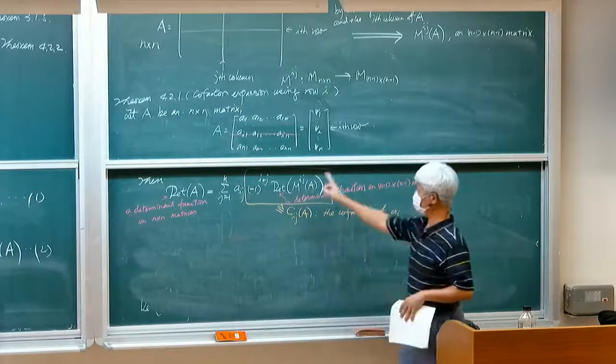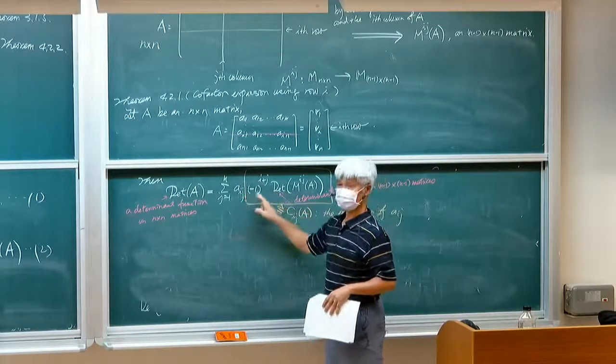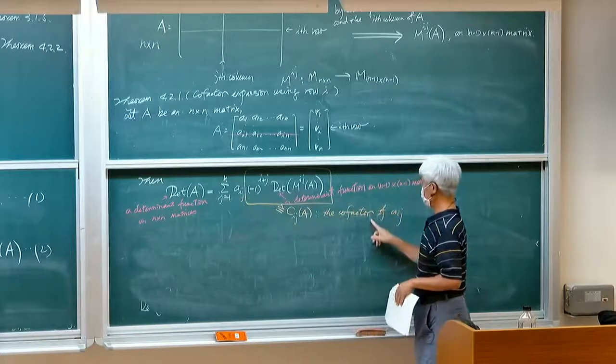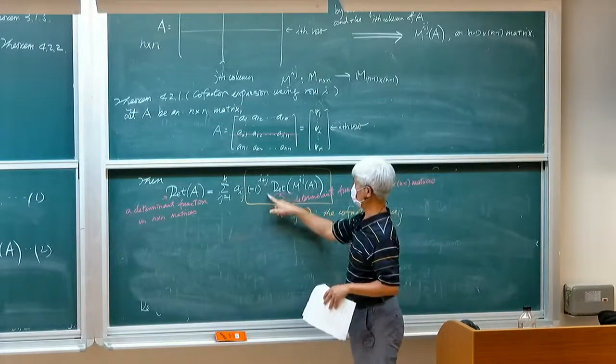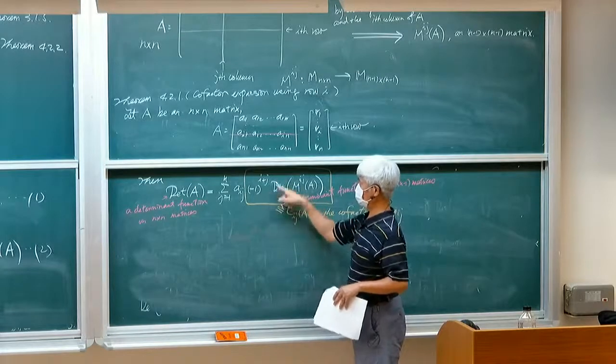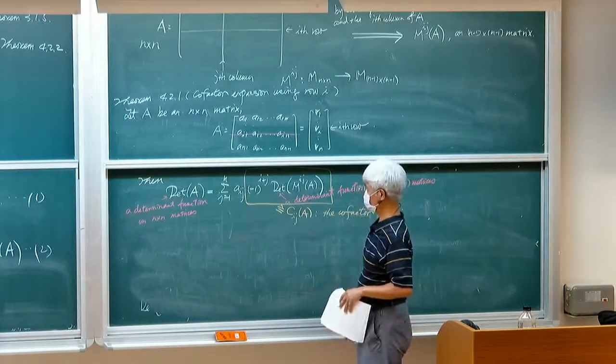Okay, because in this expansion formula, it will coexist with the Aij. Okay, and the cofactor of Aij is defined to be this scalar, this quantity.